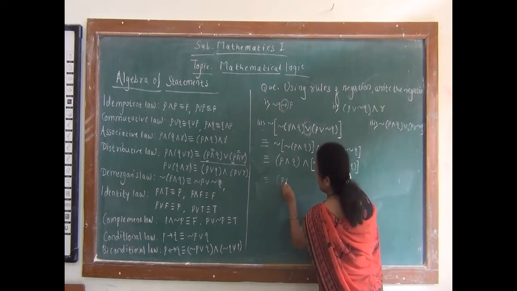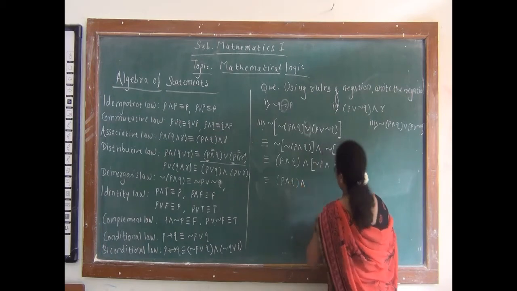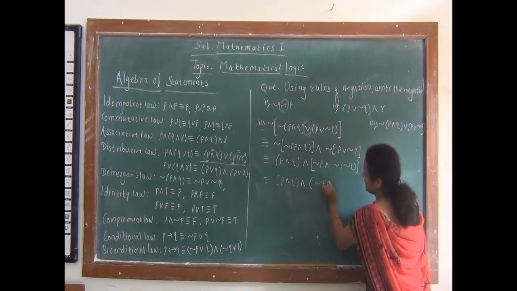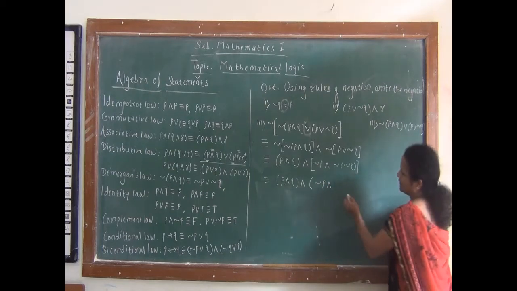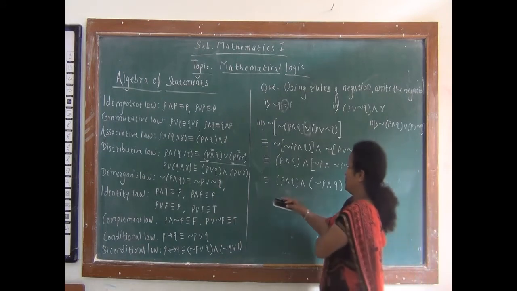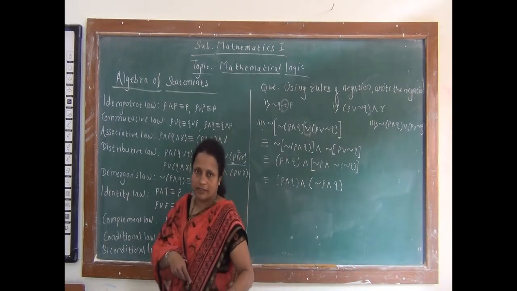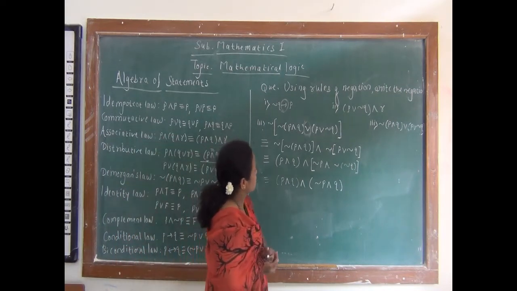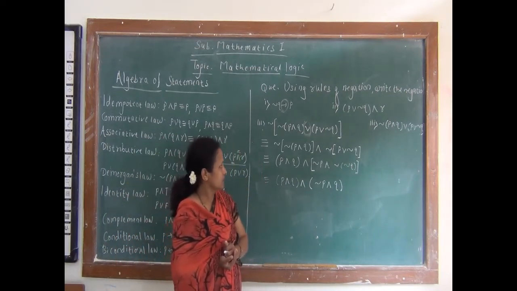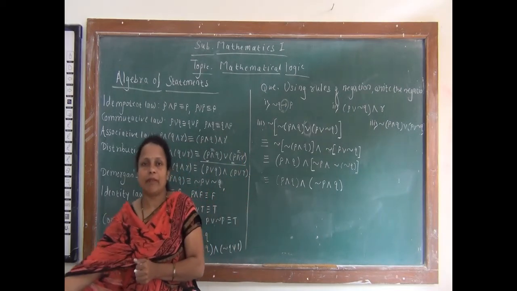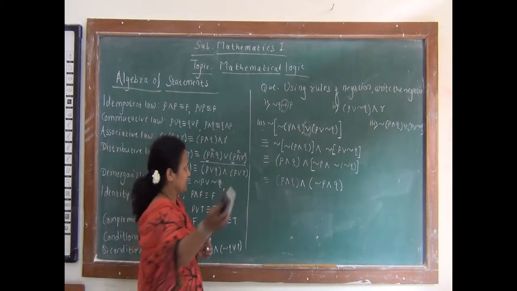First bracket as it is, P and Q, and now in the second bracket negation P as it is, and the negations get cancelled and we get only Q. So this is the negation of our third statement pattern. So this type of example carries 1 mark for each statement pattern. So in this way we find the negation of a given statement pattern by using rules of negation.